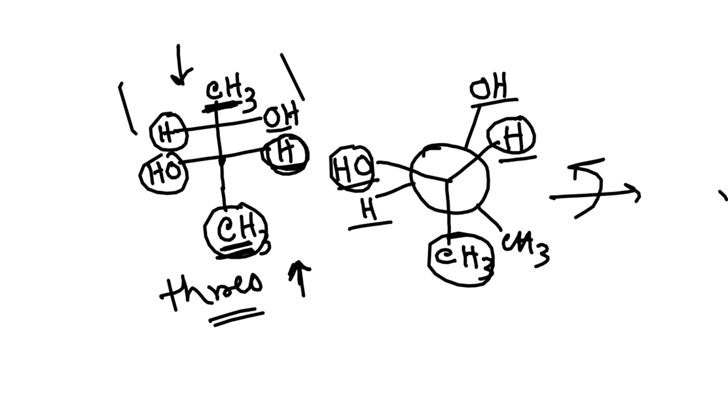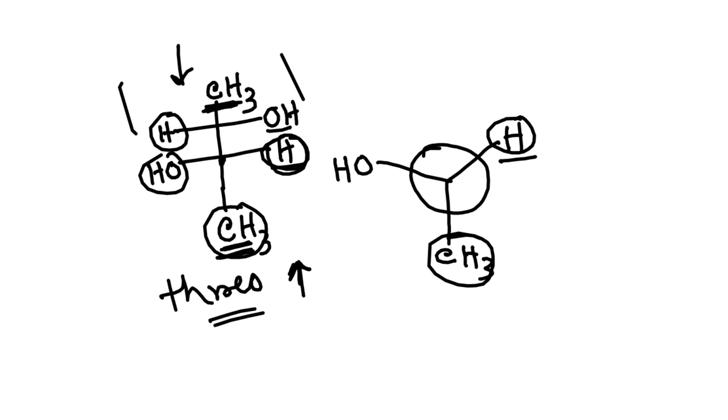How? I just have to erase these things. Now, instead of doing the eclipsed form, we just draw the staggered skeleton. So this is the staggered skeleton. We put the CH3 group over here. Although in the eclipsed form the CH3 groups are on the same side, because we are drawing it in the staggered form, we put the CH3 groups anti to one another.